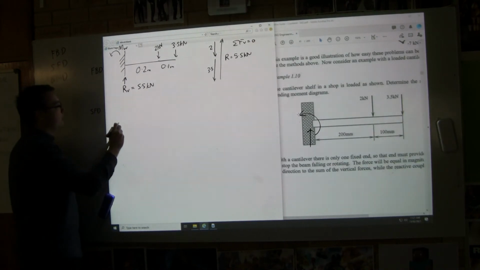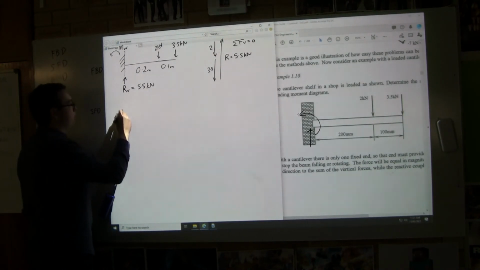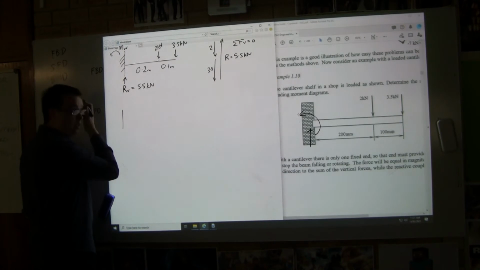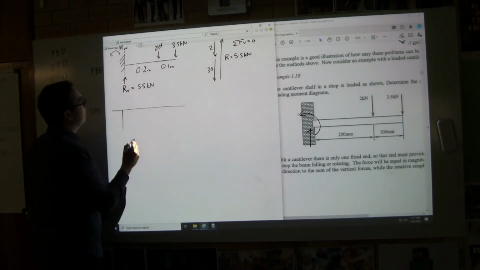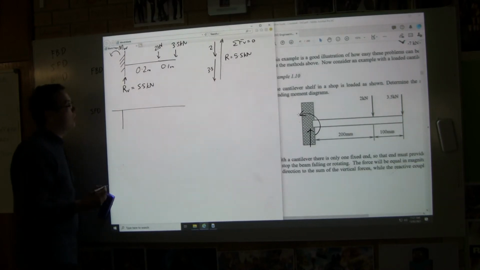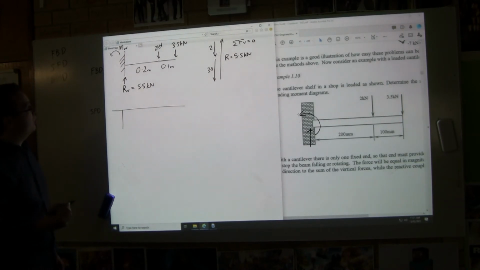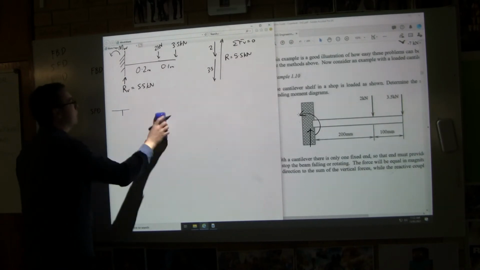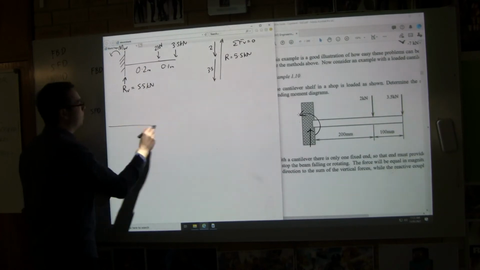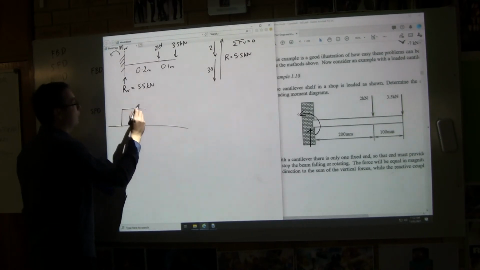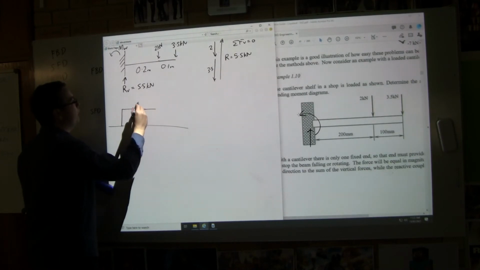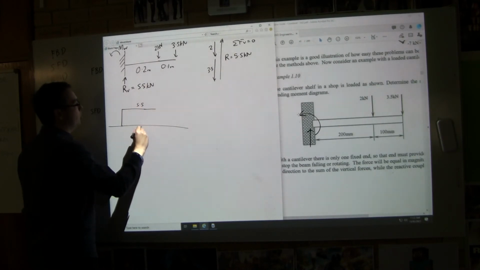Effectively what we do is we draw it in the negative. 5.5 times 0.2 meters.